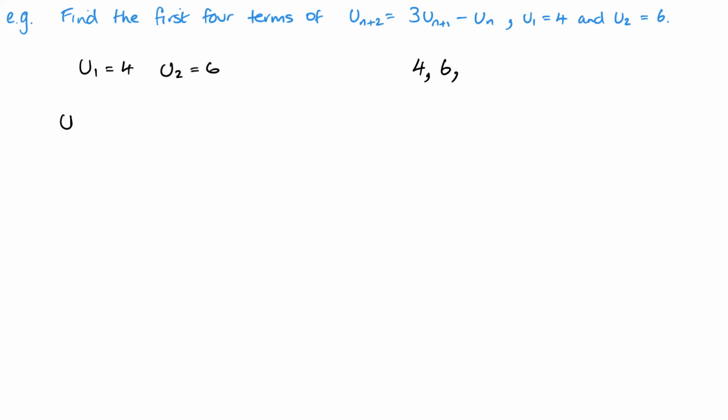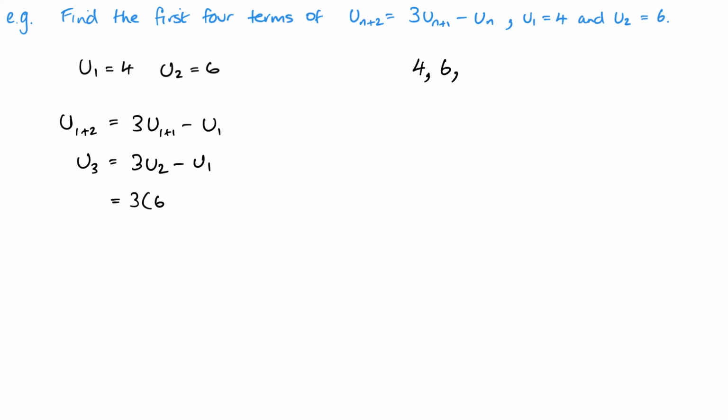Now, think about it logically. If we put n is 1, that gives me u of 1 plus 2 or u of 3. Now, we've got 3 lots of u of 1 plus 1 minus u of 1. So that is 3 u 2 minus u 1. That's what we've got.